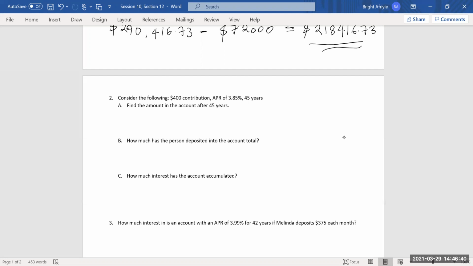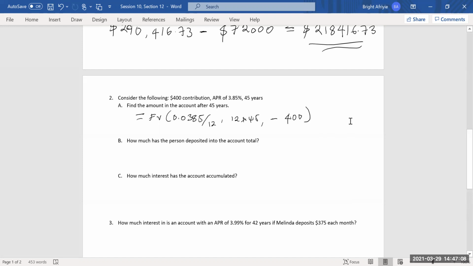So you do equal sign FV, and then the rate is 0.0385 divided by 12, and then 12 by 45 years, minus the 400 contribution. And that is what will give you the amount in the account after 45 years.